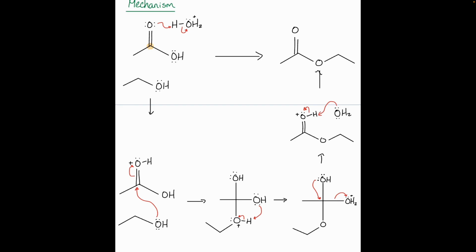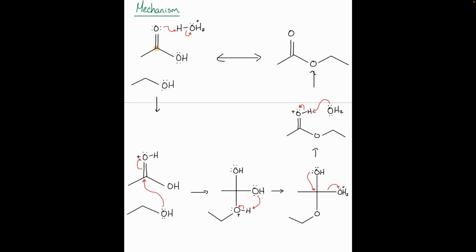All right, and as we said, this reaction is very much so in a dynamic equilibrium. So if instead we were starting out with our ester and our water under these same acidic conditions, that ester would be hydrolyzed to form our carboxylic acid and our alcohol.